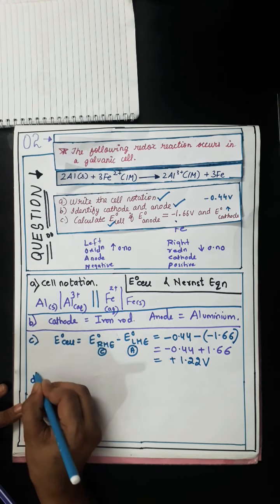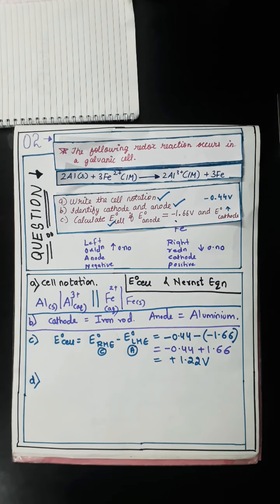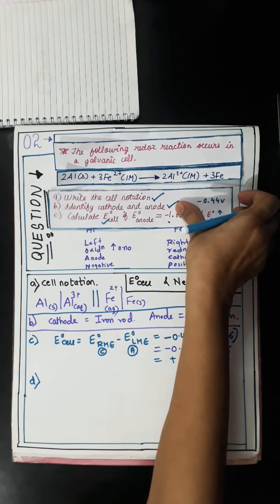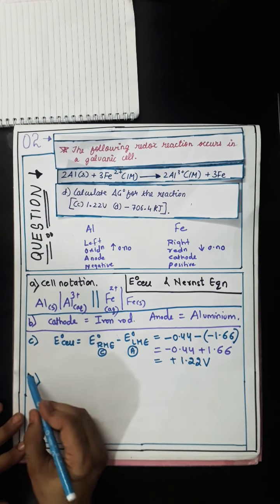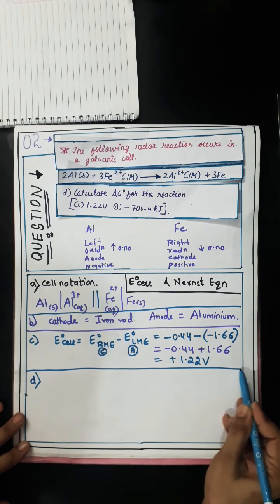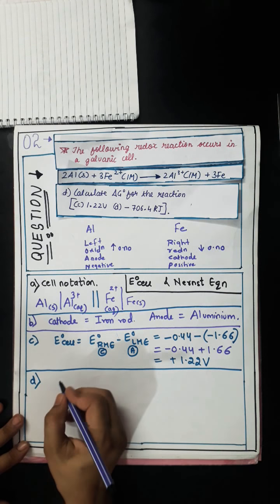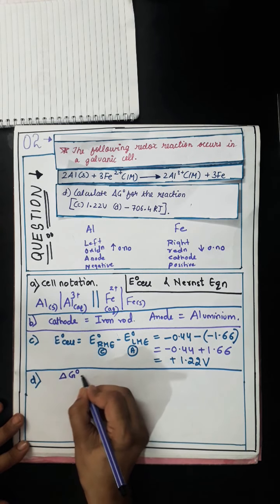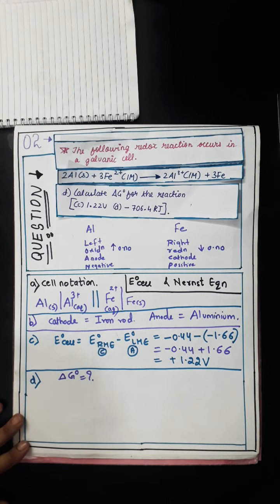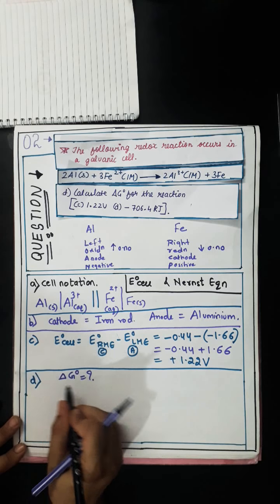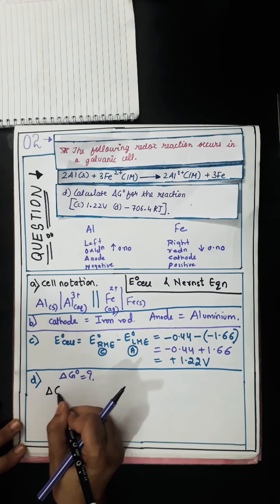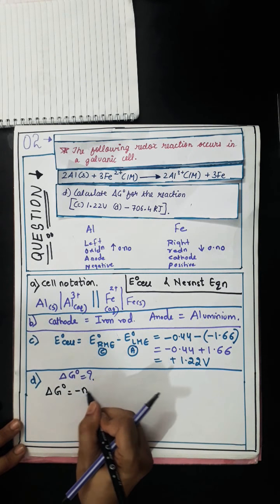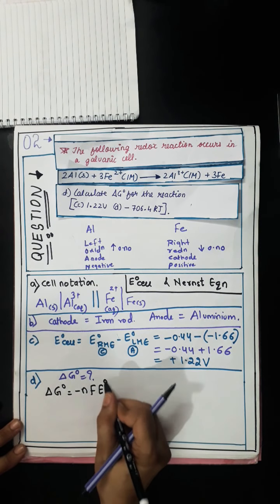Now we go to the next part of the question. Calculate delta G naught. Now, the formula for delta G naught, we'll have to remember this, is delta G naught is equal to minus nF E naught cell.